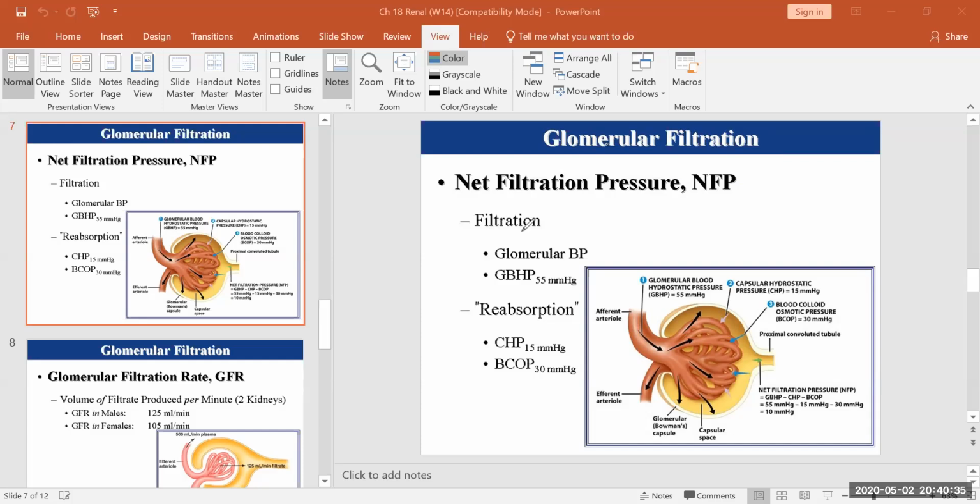When we talk about filtration, I'm exactly on page 512 of your Stanfield textbook. And it's on top of the page, on the right side of the page, underneath glomerular filtration rate.